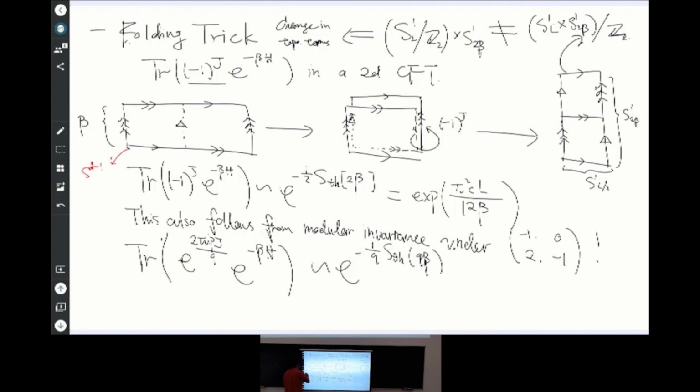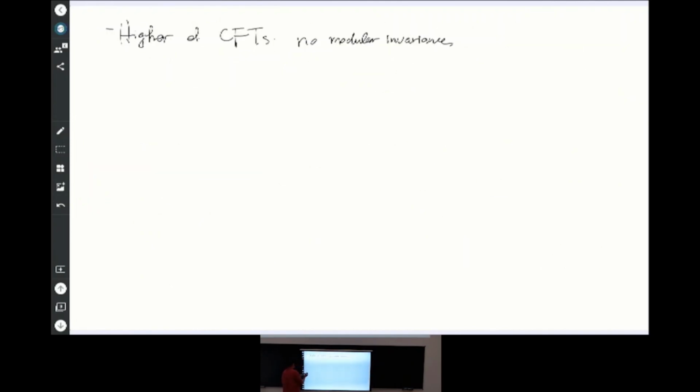I can even replace it by an arbitrary (d-1)-dimensional manifold, and then replace (-1)^j by some other element in an isometry group of M_{d-1}. As long as the isometry operator that I insert acts freely on the space manifold, the whole argument would go through. And then the prediction would carry over to higher dimensions. No modular invariance, but the folding trick still works.